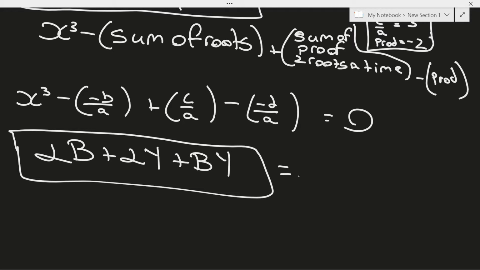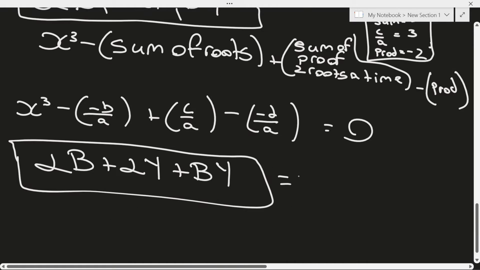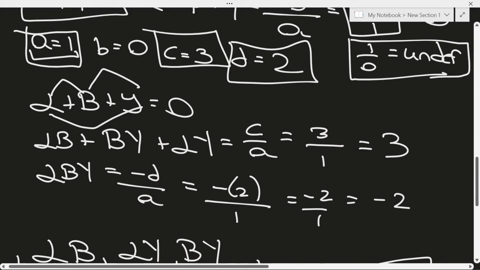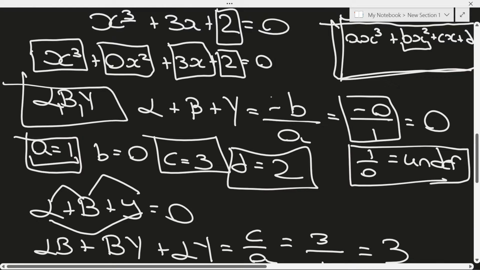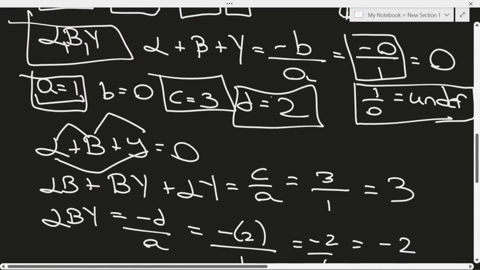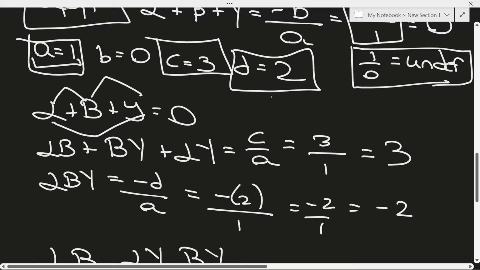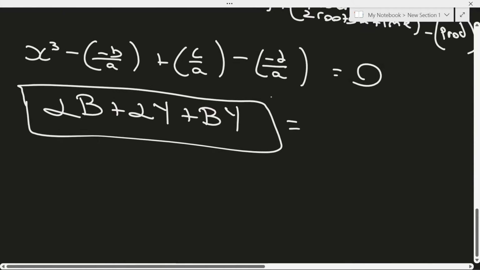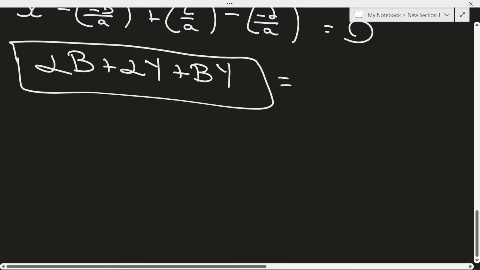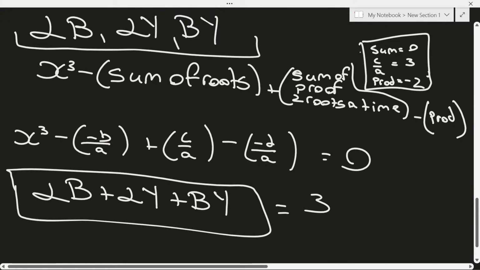So, without having to even work this out, we know the sum of the product of two roots at a time is equal to c over a. So we'll use the values from the other equation, because the other equation has alpha, beta, gamma, and these would be the same roots, right? So we know that this will equate to 3, because earlier, right here, we have our c over a value being 3. Hope you understand that part so far.